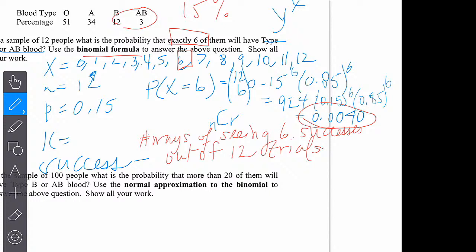So it's a very small chance. Very good, Yvonne. So to 4 decimal places, that rounds to 0.0040. Okay, so it's a very small chance.